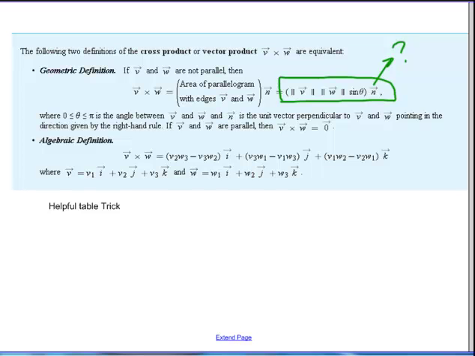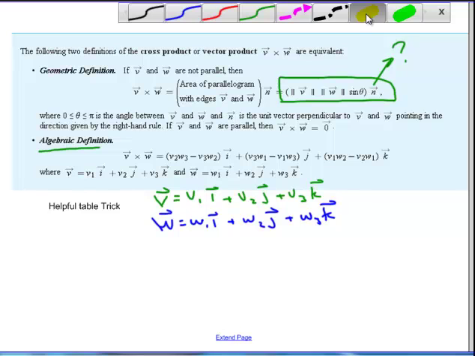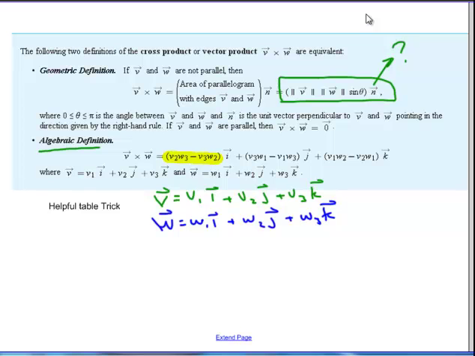I'm just going to give you the algebraic definition, which says that if you've got some vector v, which is v1 in the i direction, plus v2 in the j, plus v3 in the k, and w, which is w1 in the i, plus w2 in the j, plus w3 in the k, then to find the i, j, and k components of the cross product, it is (v2w3 minus v3w2) i plus this j plus this k.